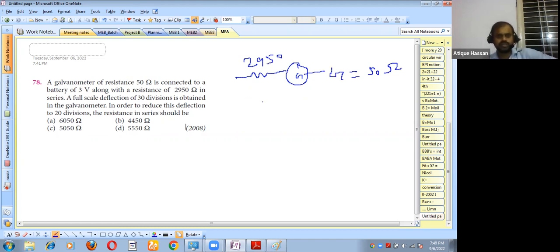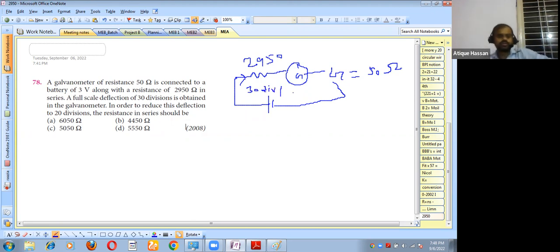A full scale deflection of 30 divisions is obtained in the galvanometer. So when the potential difference is 3 volt, the current Ig is given as 30 divisions. Okay.